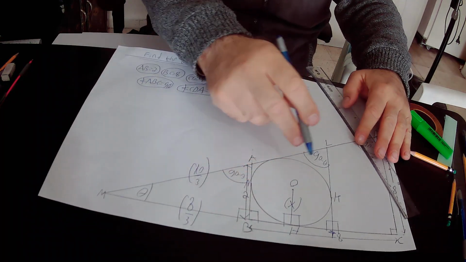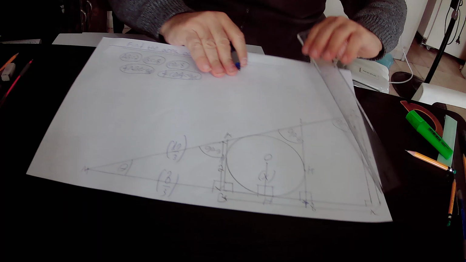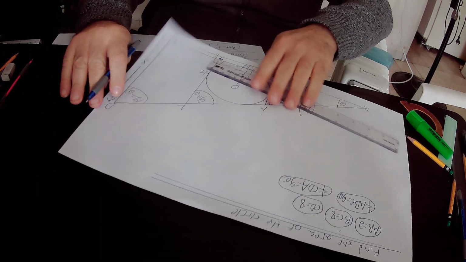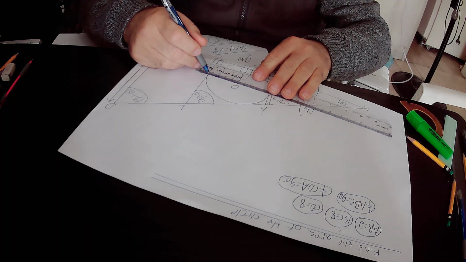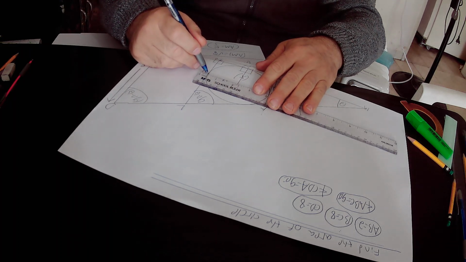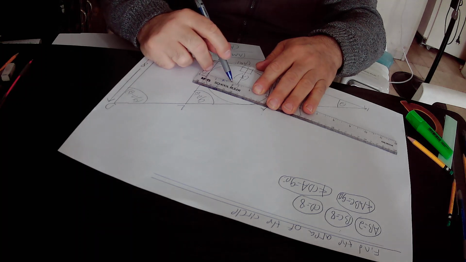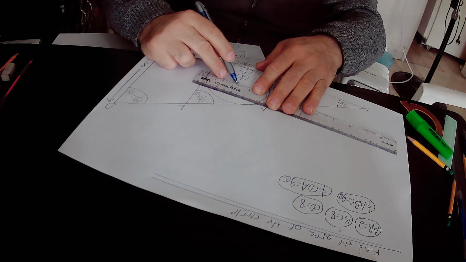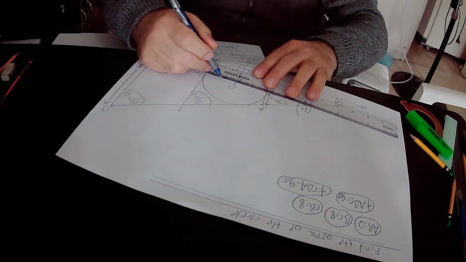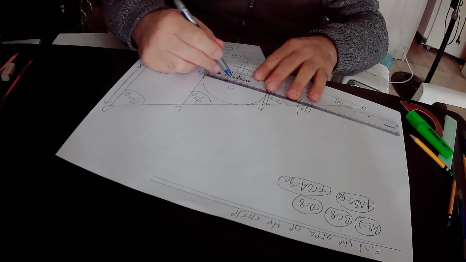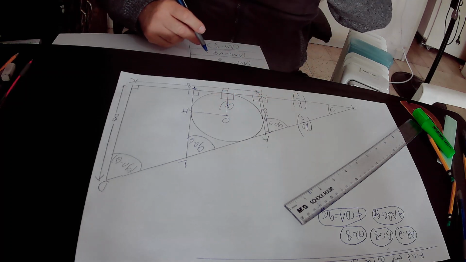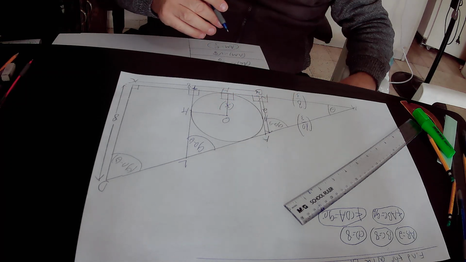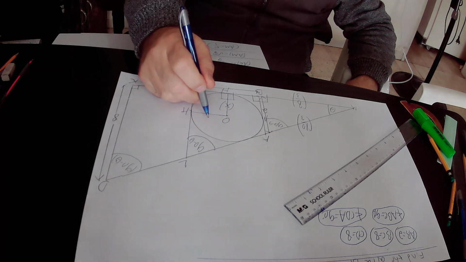Likewise, we join points O and K together by a straight line. Line segment OK is the radius of this circle that is equal to x.